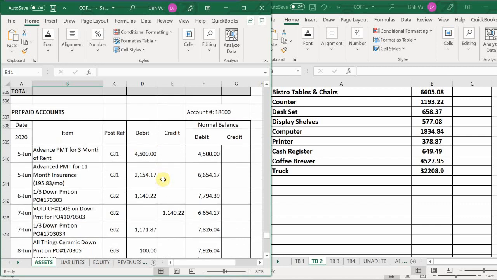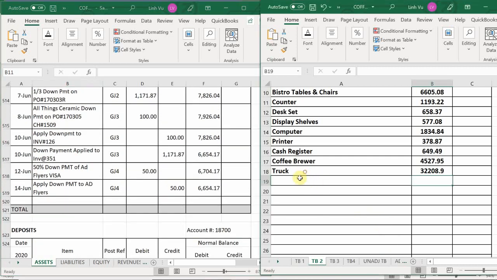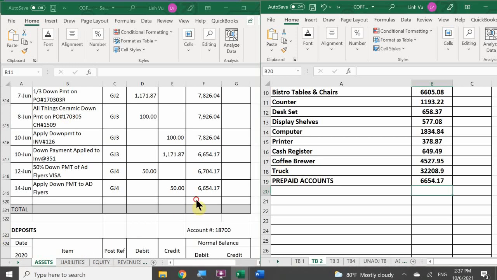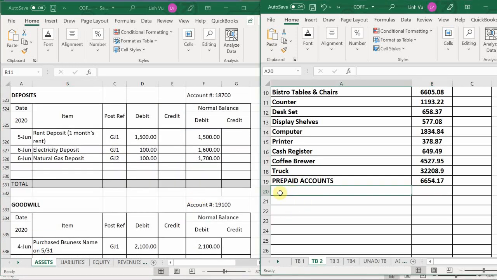And then we have a prepaid account for 6,654.17. Yeah. Okay. Deposits. Yes, deposit for 1,700.